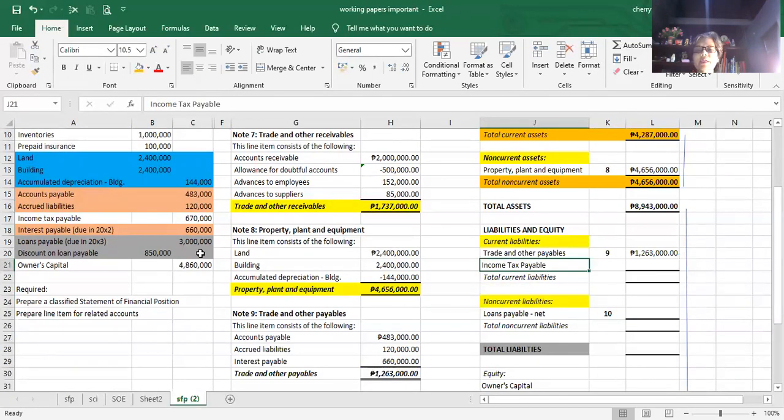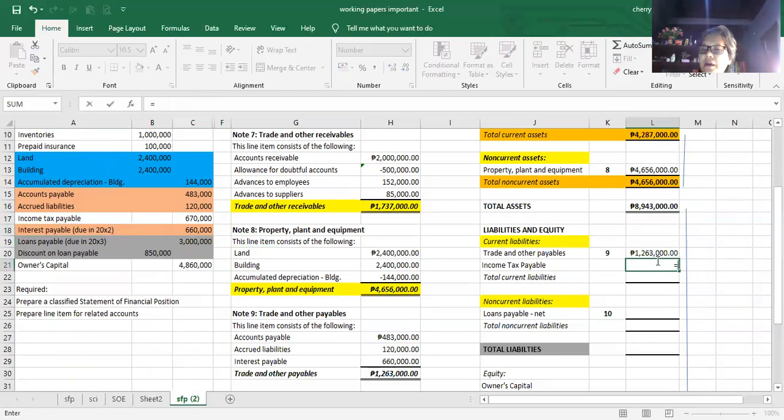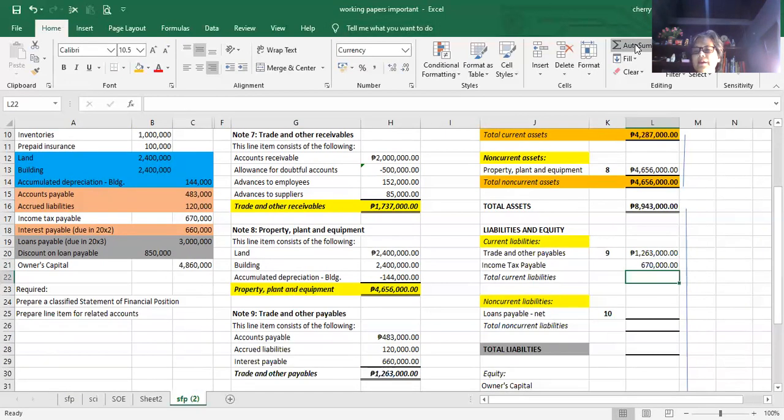So income tax payable is the appropriate account because it is taken from their chart of accounts. So how much? It is 670,000. That's total? Yes.